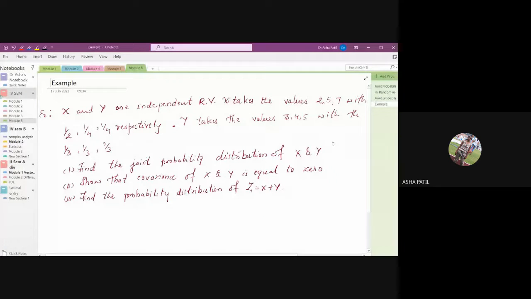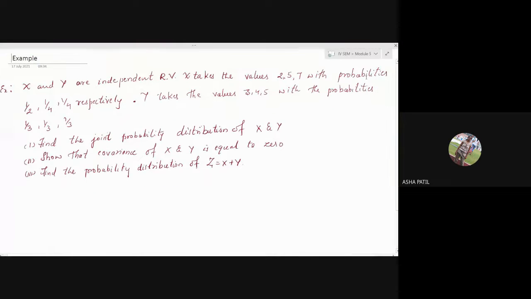Take this example. X and y are independent random variables. X takes the values 2, 5, 7. Its probabilities are 1 by 2, 1 by 4, and 1 by 4.